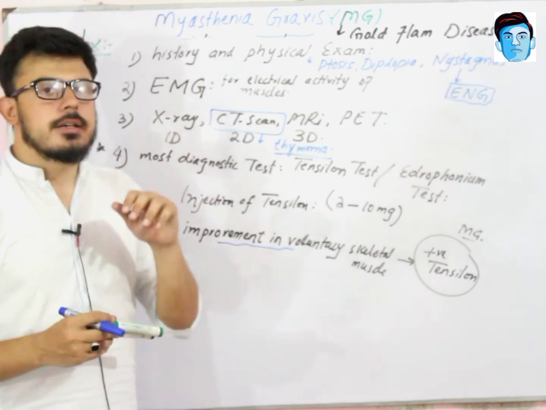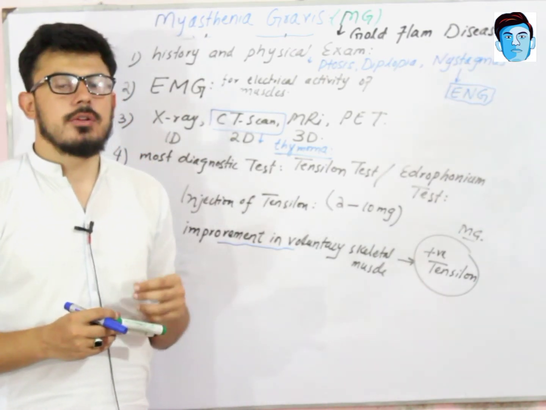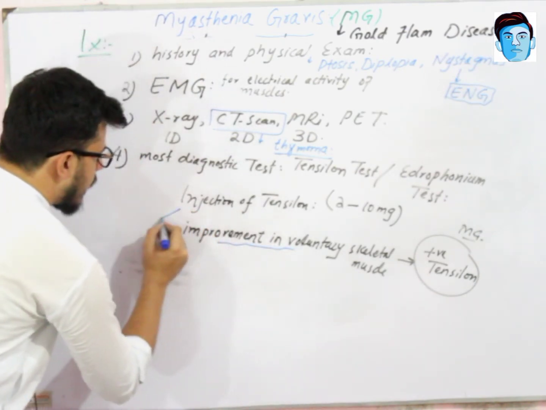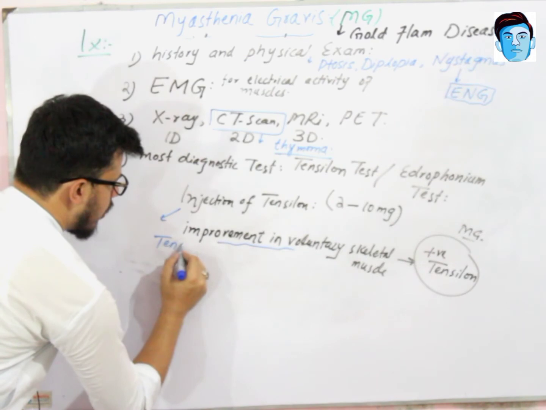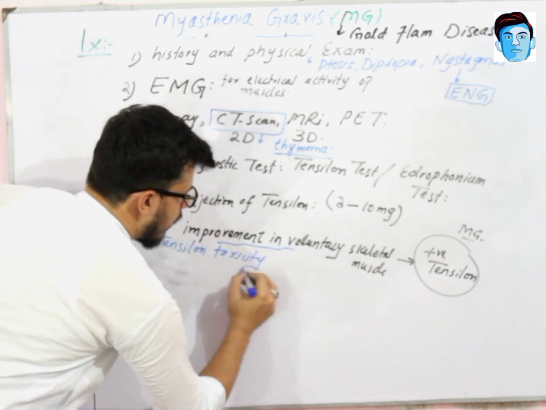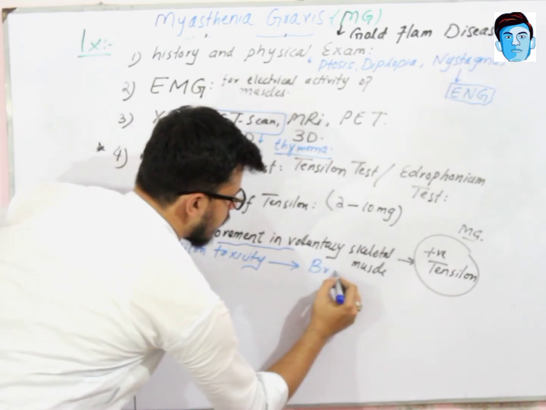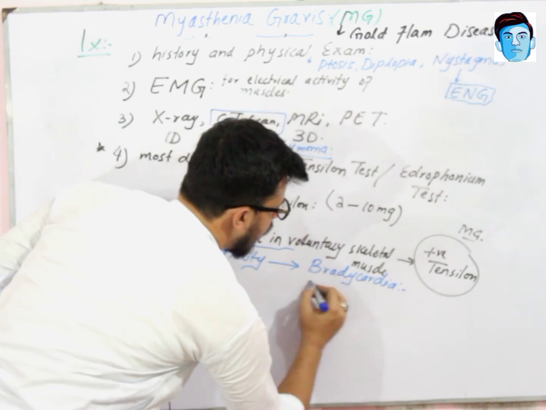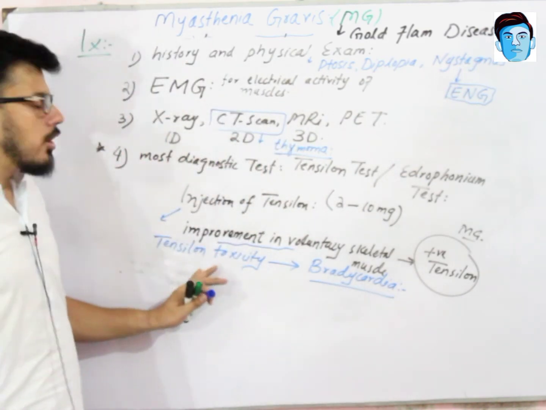Now, what happens if Tensilon toxicity occurs? Bradycardia will occur. And how will we treat the Tensilon toxicity?